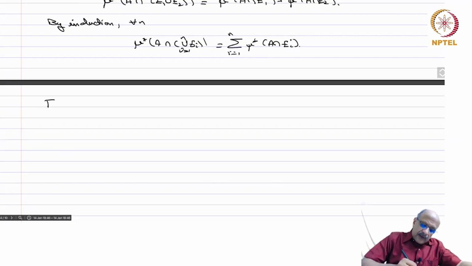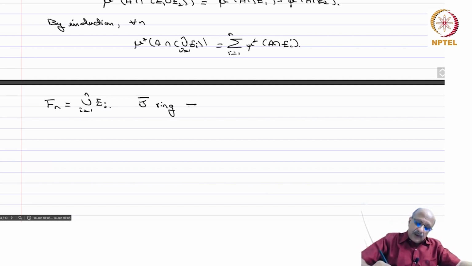Now let us set F_n equals union i equals 1 to n E_i. Now we know that S bar is a ring. We proved this in a previous proposition, which implies F_n belongs to S bar. Further, F_n is contained in E, and therefore E complement is contained in F_n complement.